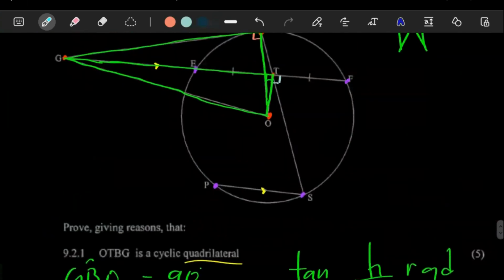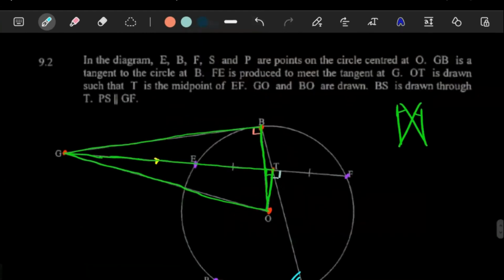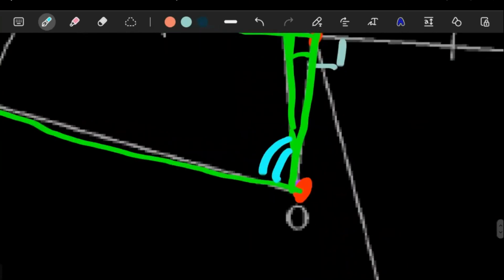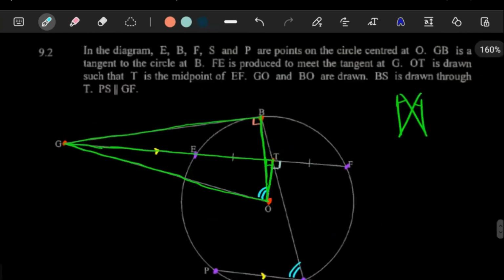Angle S is, what is angle S? Angle S is this one, and let's see here. GOB is this one. There we go.